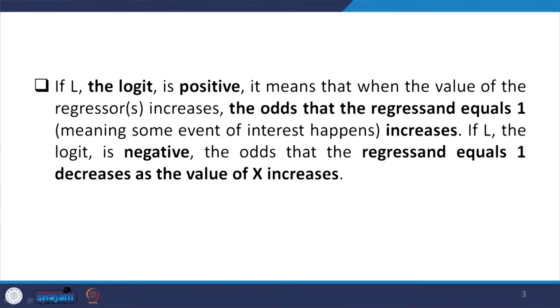If L, the Logit, is positive, it means that when the value of the regressor increases, the odds of that regressand equaling 1, meaning some event of interest happens, also increase. If L, the Logit, is negative, the odds of that regressand equaling 1 decrease as the value of x increases.